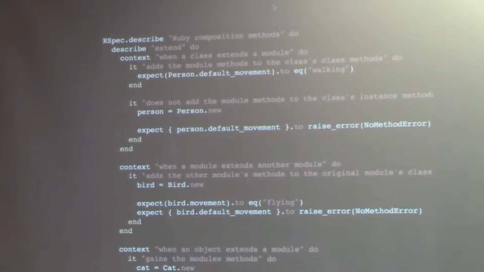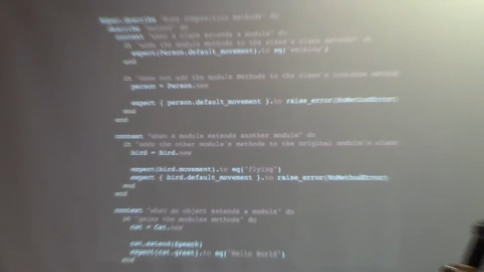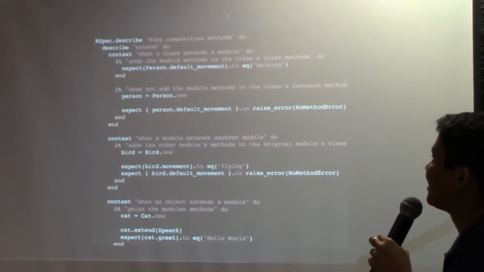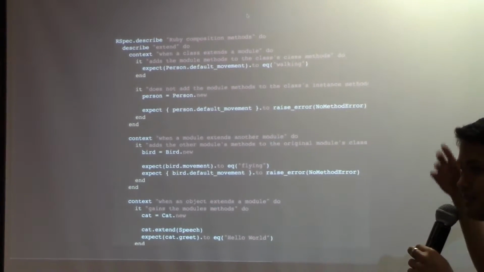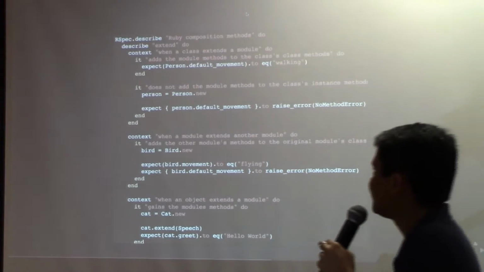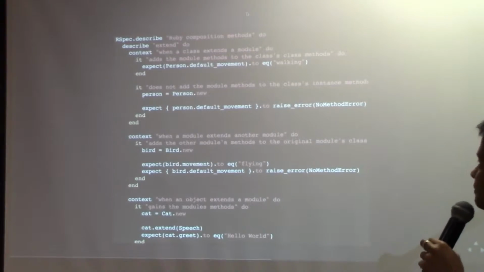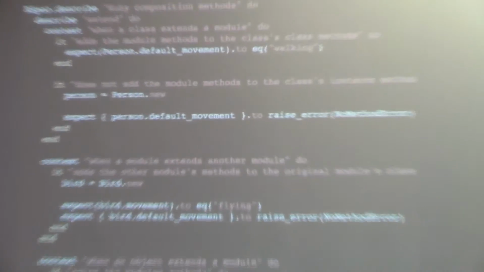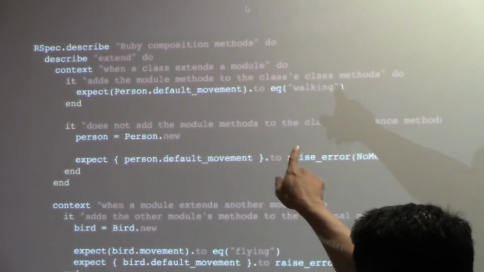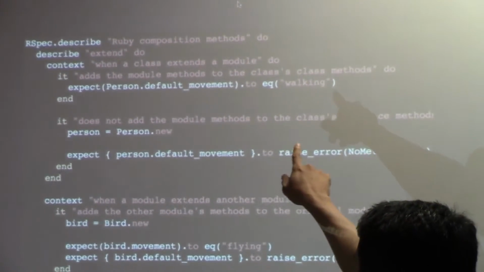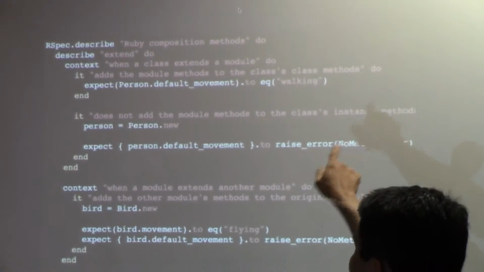Okay, so for those of you who have very good eyesight, I have a set of RSpec specs here that try to demonstrate what the difference is between extend and include. When a class extends a module, it adds the module methods to the class's class methods.